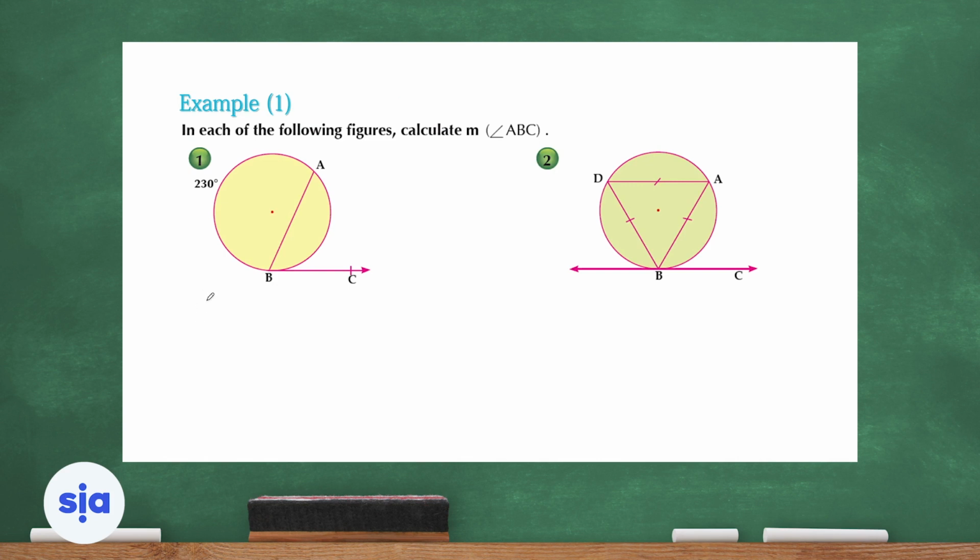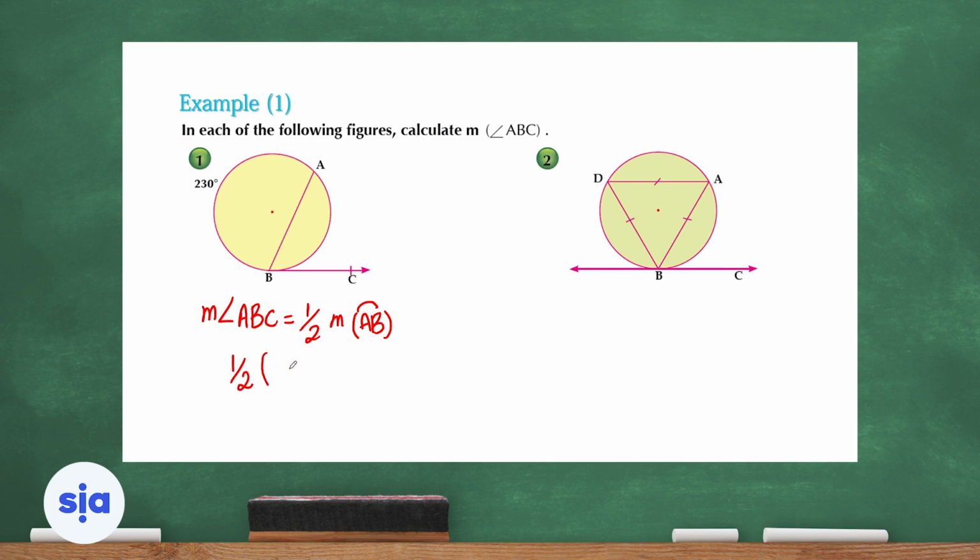You will see that the measure of angle ABC equals half the measure of arc AB. Then it's half arc AB. What is arc AB?